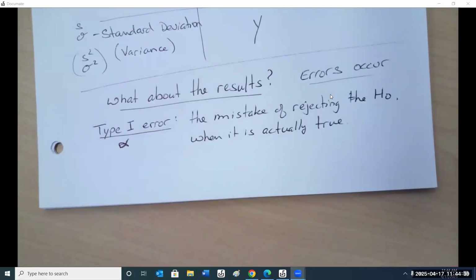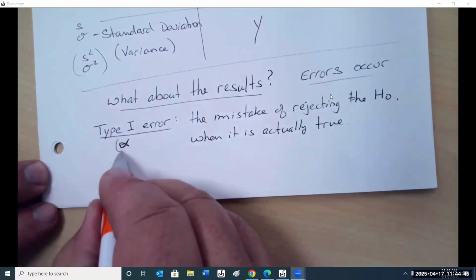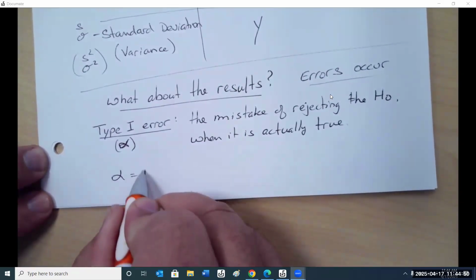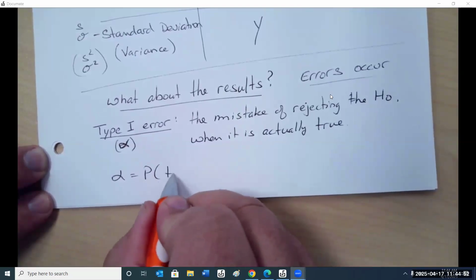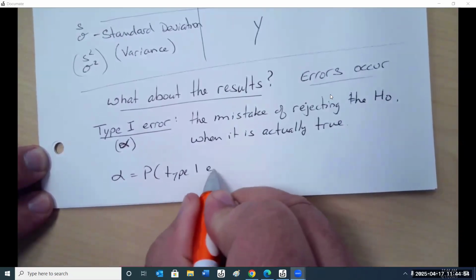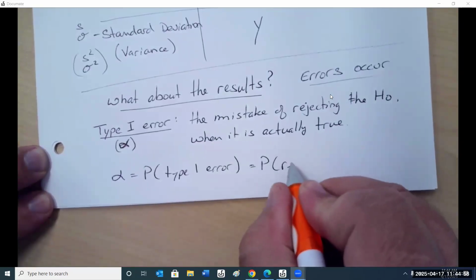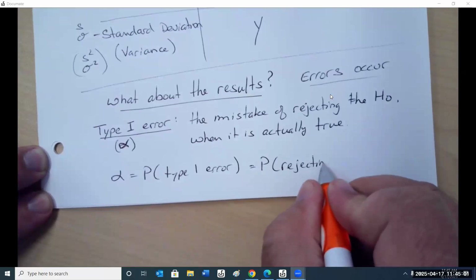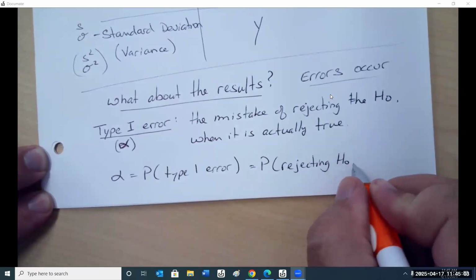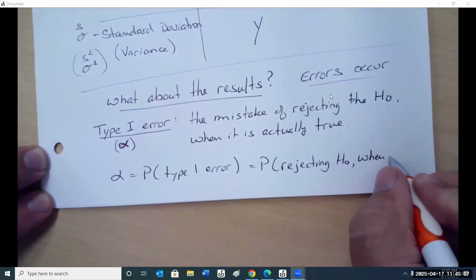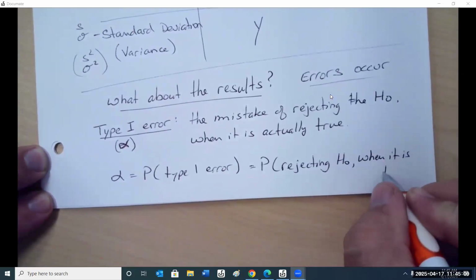Not the same alpha as a confidence interval, but when we talk about errors, that's where we use it. So a type 1 error is referred to as an alpha. So an alpha is the probability of a type 1 error, which means rejecting H0 when it is true.